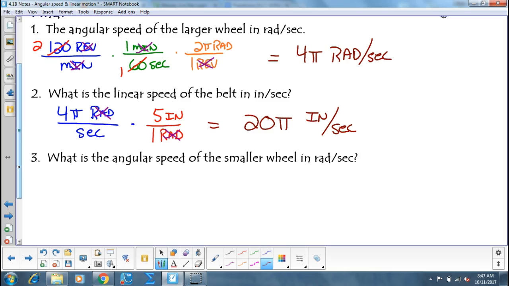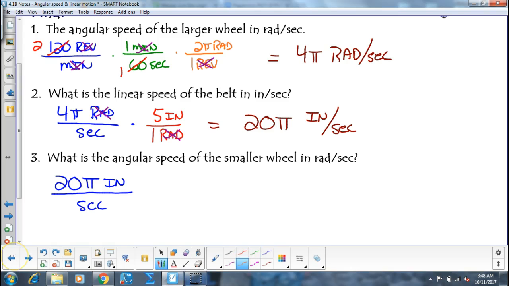So that's where you go. You go off of the linear speed when you're transferring to a different sized pulley. So that belt is traveling at 20 pi inches per second. Now I want to convert that back into angular speed. So that belt is traveling at a constant speed, and now we've got to convert that back into radians per second.